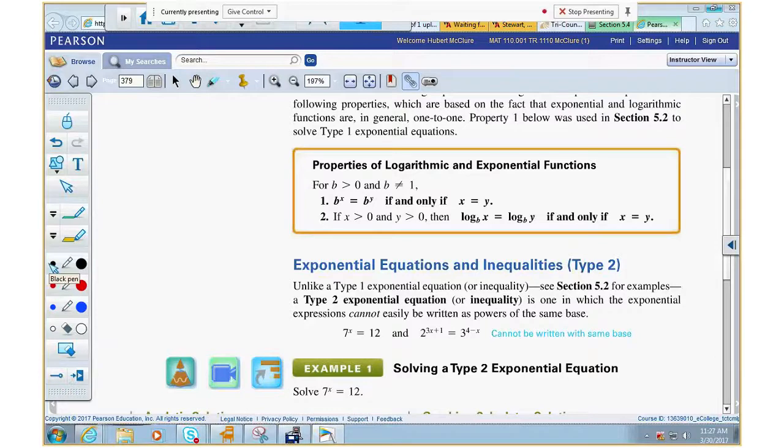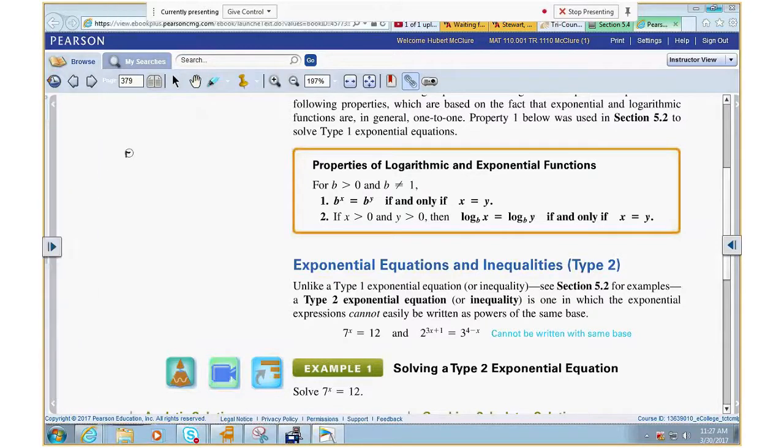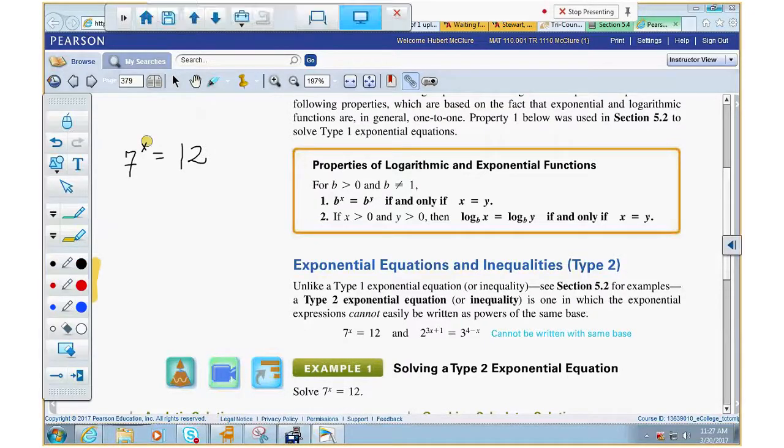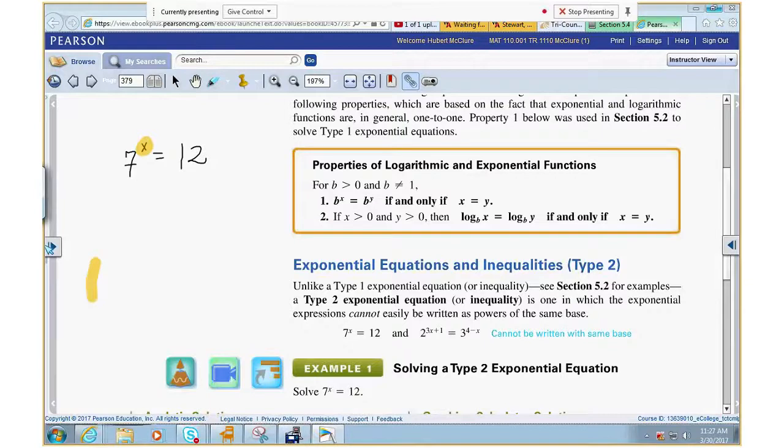All right, what's the example? 7 to the x power is equal to 12. Now the first thing I would tell you to do is highlight that thing right there, because that is unusual. Whenever you have an exponent that's a variable, you're either going to have to take the log of both sides, or you're going to have to change the base into the same base.